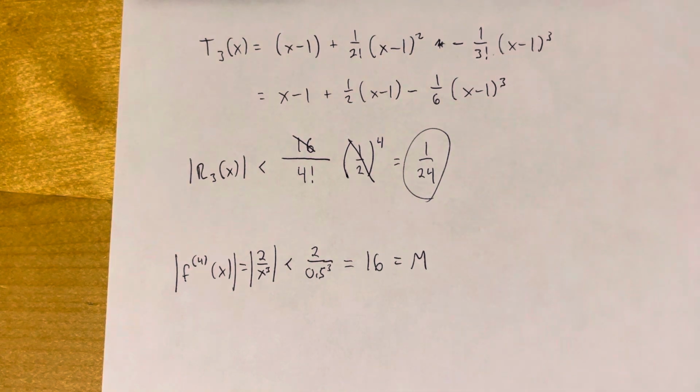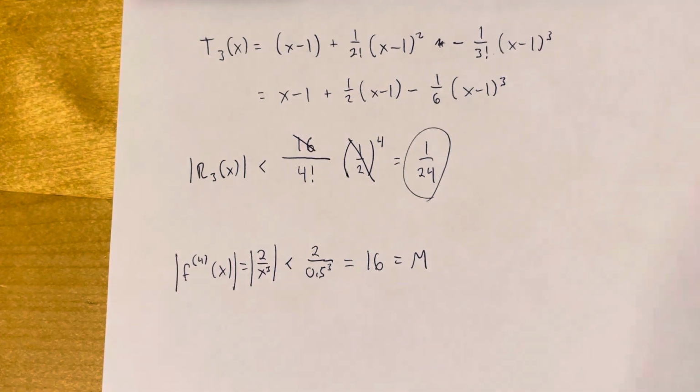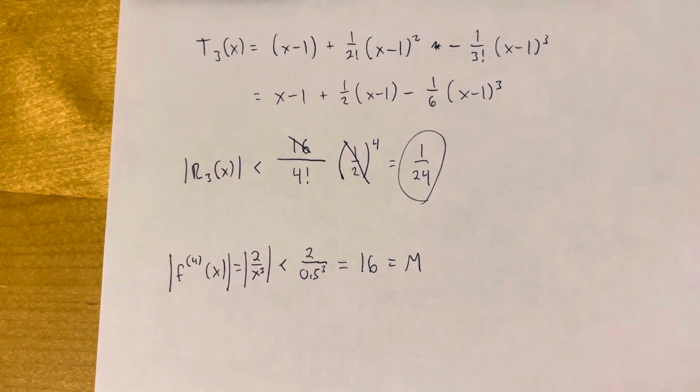It's not as good of an upper bound as the previous problem. So for this particular function, if I want better accuracy, I need a higher degree Taylor polynomial. But that's essentially it. That's all we're doing in this section. So you should be good to do the homework. You're looking at approximating functions with Taylor polynomials and then bounding those remainder terms to determine how good of an approximation that you have.